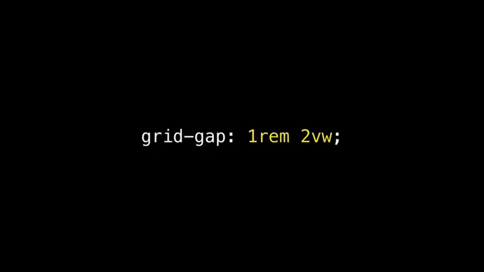Now we also don't need to set margins or paddings to fake gutters anymore, because CSS Grid has its own property for this, grid-gap. It's a shorthand property for grid-row-gap and grid-column-gap, which means you can define them separately if you want to have a different gutter width between the grid tracks for columns and rows.